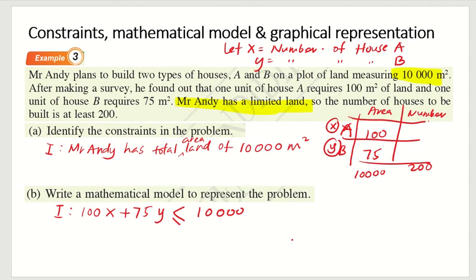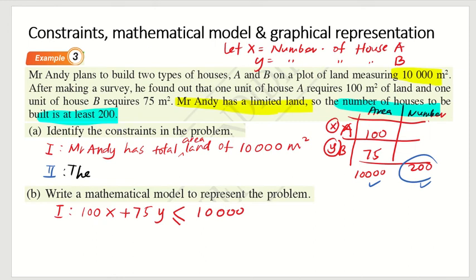This is the first constraint and the mathematical model. Okay, now we continue with the second one. Then the second one, of course, is related with the 200. The number of houses to be built is at least 200. So this is the constraint.